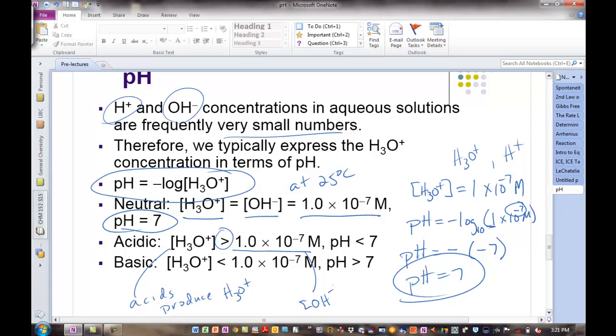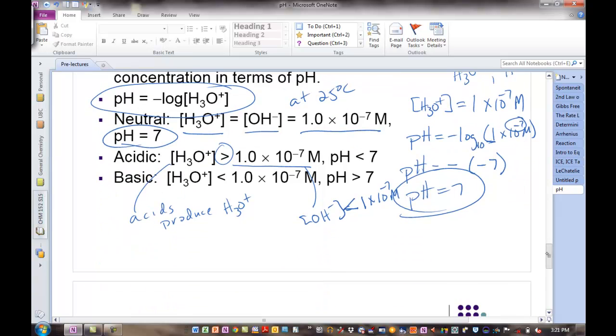Hydroxide thereby would go down. It's going to be less than 1 times 10 to the negative 7th. So I want you to start thinking about it: in an acidic solution, we still have hydroxide, but we just have more hydronium. More hydronium, less hydroxide.